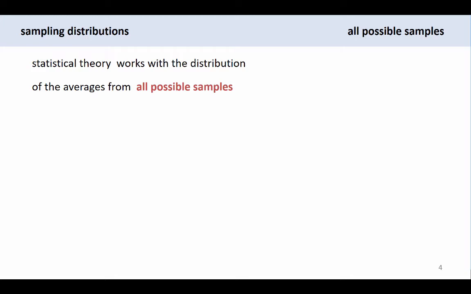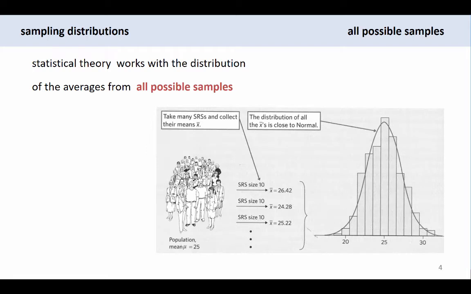So here's an illustration of what this might look like. This is what the statistical theory works with: the distribution of the averages from all possible samples.